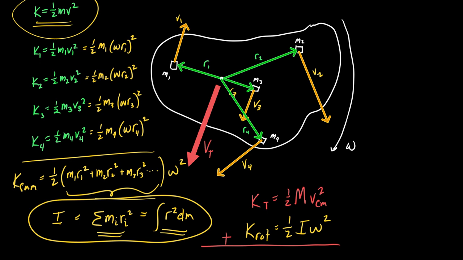As stated before, energy is energy. So if an object is rotating and is moving through space at the same time, its total energy has to include both the translational kinetic energy and the rotational kinetic energy. So consider some of the things that we might be talking about here.